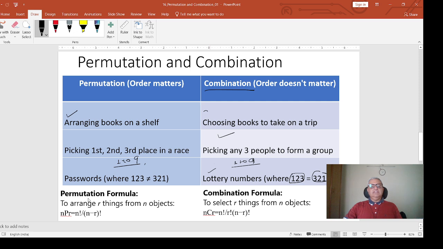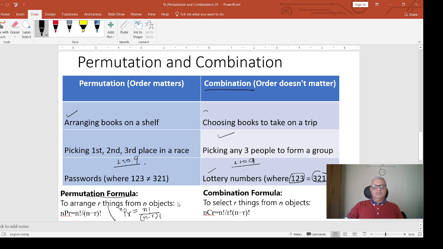So let's study the permutation formula. Permutation is denoted by nPr, and this is equal to n factorial upon n minus r factorial.